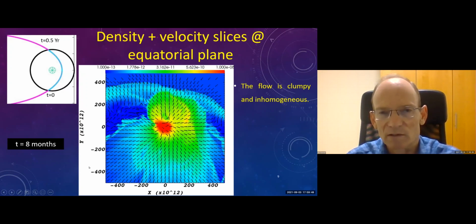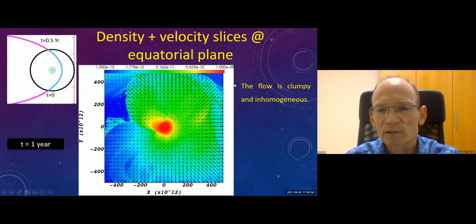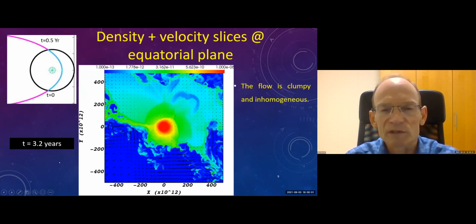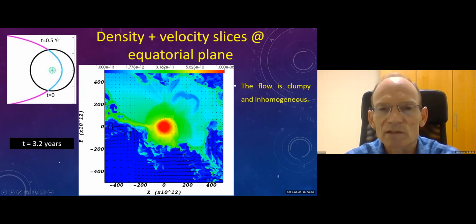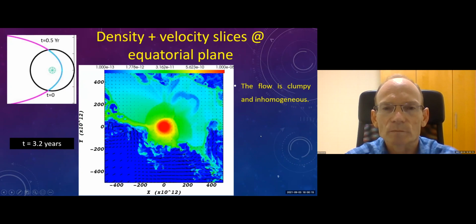The jets are not active anymore, but still you see a huge outflow in the direction of the outbound. One year after the beginning, and only 3 years after the beginning of the jets, you see that the star begins to relax to some kind of stability as it was at the beginning of the simulation.